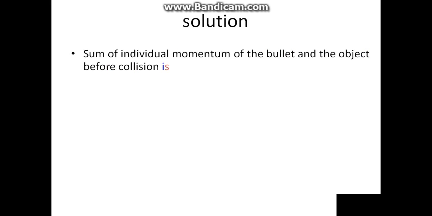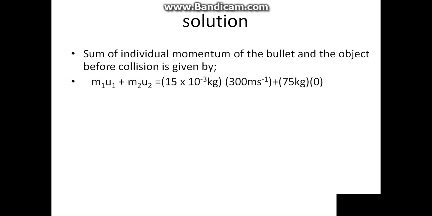Solution: the sum of individual momentum of the bullet and the object before collision is given by m1u1 plus m2u2, which is equal to 15 times 10 raised to power minus 3 kg times 300 meters per second plus 75 kg times 0, which gives us 4.5 Newton seconds.